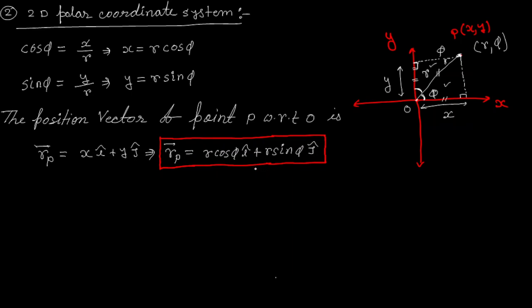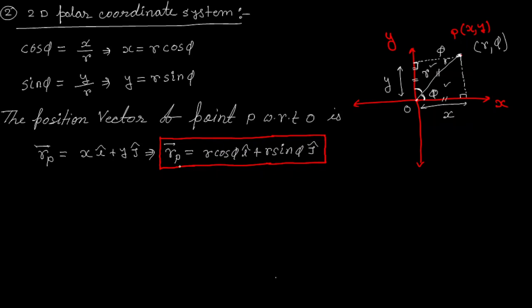Now, as we have already noticed when we discussed the rectangular coordinate system, we defined a unit vector associated with each variable. There were 3 variables, x, y, and z, and we defined 3 unit vectors associated with them, i cap, j cap, k cap, representing the directions along which x, y, and z increase. Similarly, we can represent any other coordinate system.